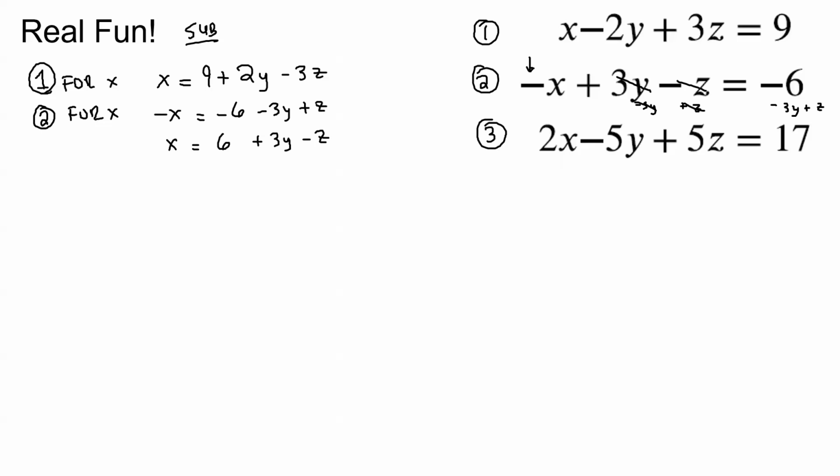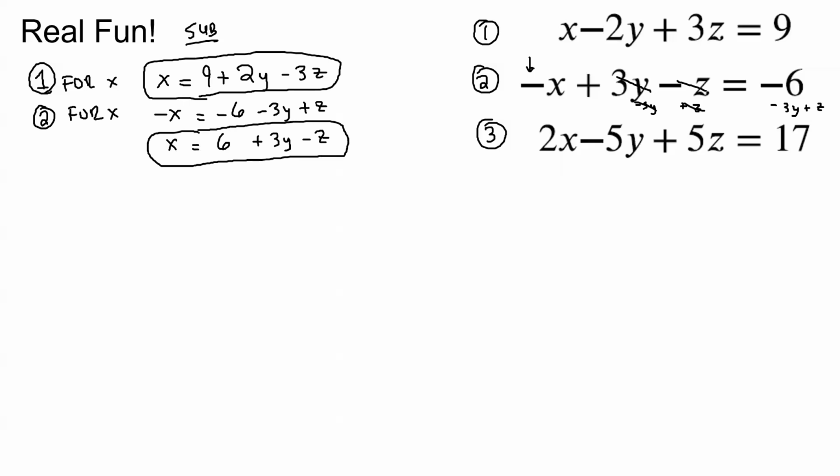Okay. Now here's a kind of funny thing that we can do. If I take this equation and this equation right here, and this is not the only way to do this problem, but it will work. You can see how I've got x equals this stuff and x also equals that other stuff. That means I could set those two x's equal to each other, and I would get 9 plus 2y minus 3z is equal to 6 plus 3y minus z, like that.